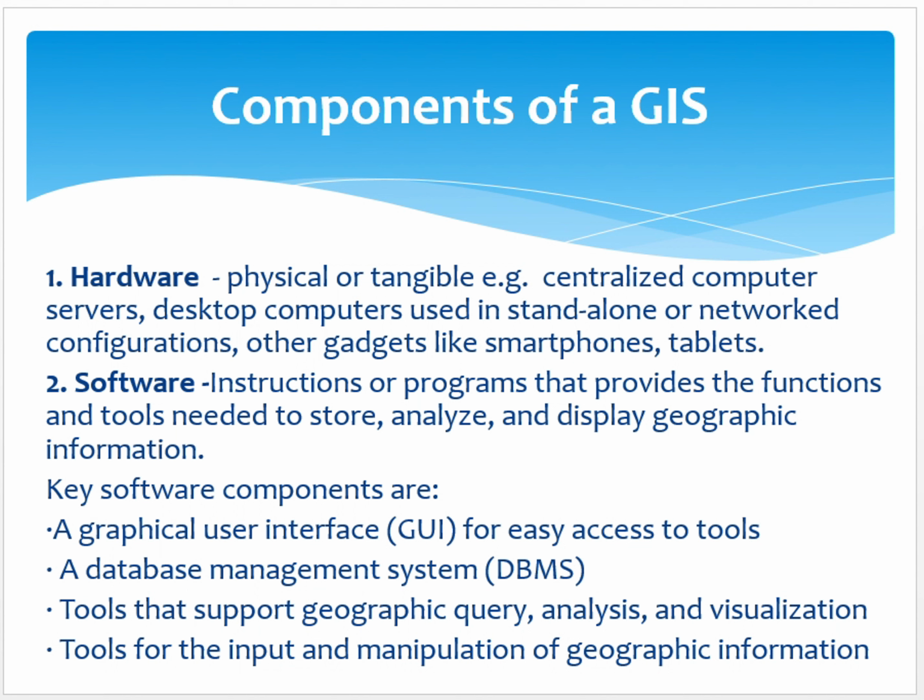The next component is the software. These are instructions or programs that are to guide you in analyzing your data, storing, and being in a position to display your output. So software comes in components also.